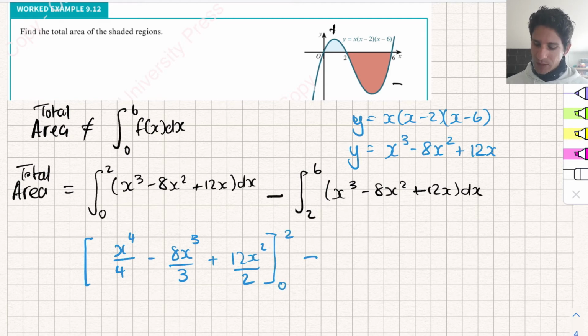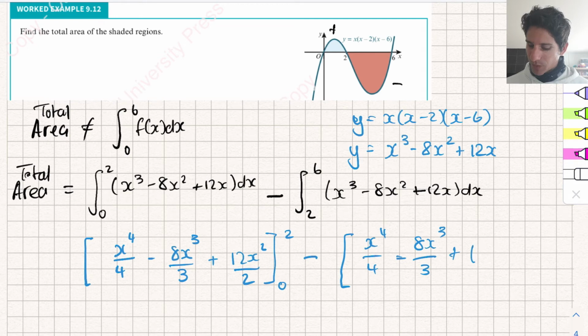And I'm taking away, unfortunately it's the same function, so we can use the same primitive, minus 8x cubed over 3, and I'm going to simplify that into 6x squared, seeing as 12 divided by 2 is just 6, and this one is between 2 and 6.